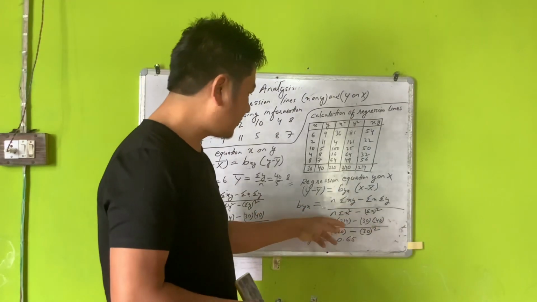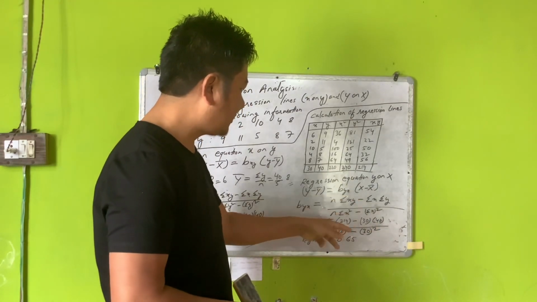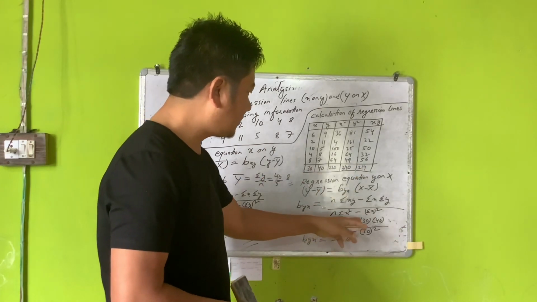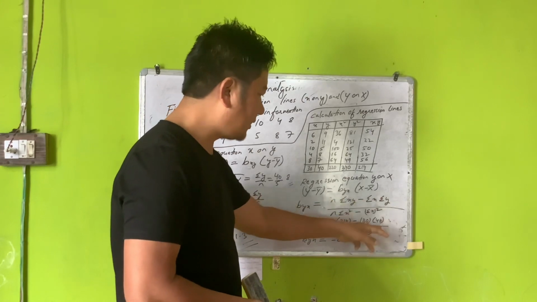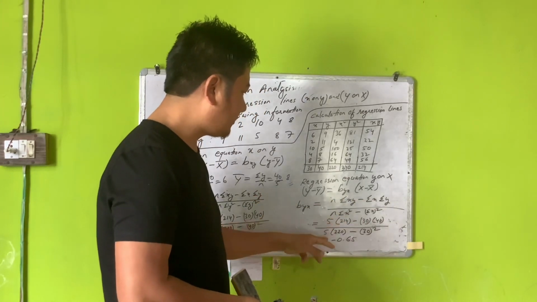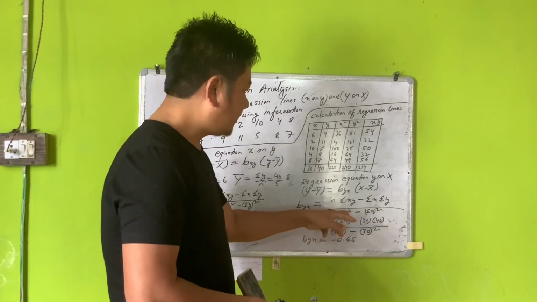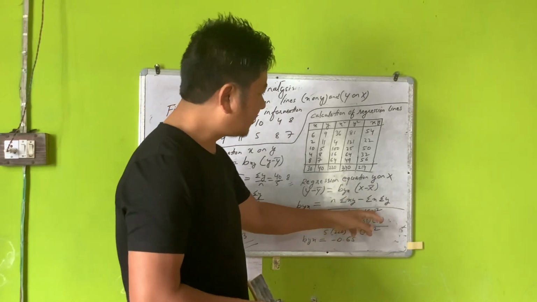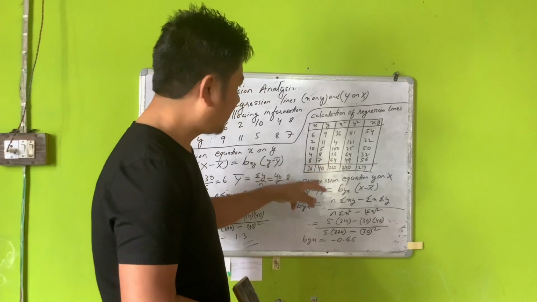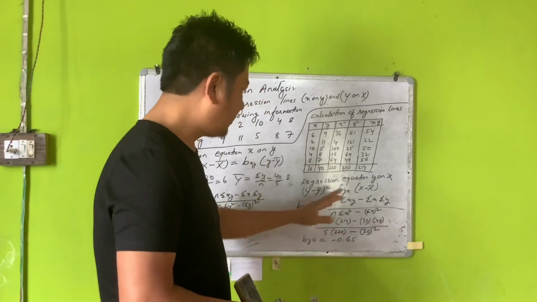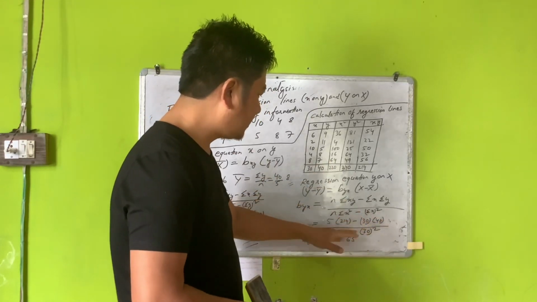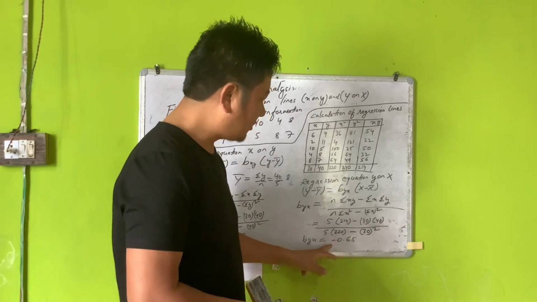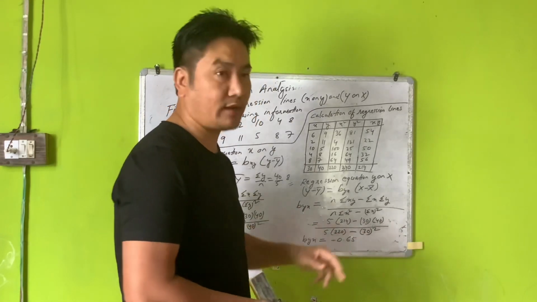So n is equal to 5, summation xy is equal to 214. See, 214 minus summation of x, which is 30, times summation of y, which is 40, divided by n, which is 5. In bracket, summation of x square is 220 minus summation of x whole square, which is 30 whole square. So when you get all these things, byx is equal to minus 0.65.